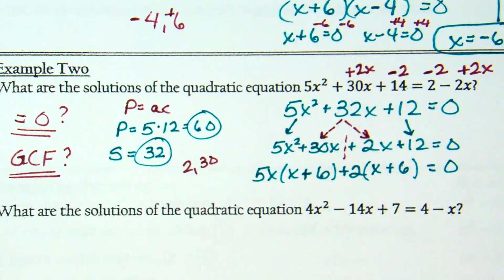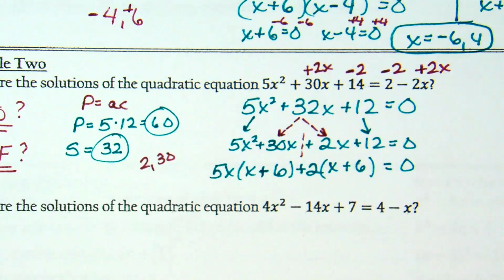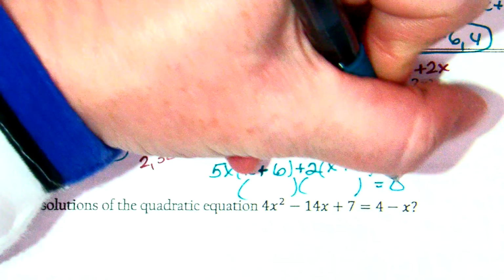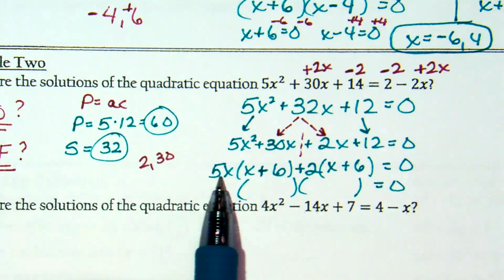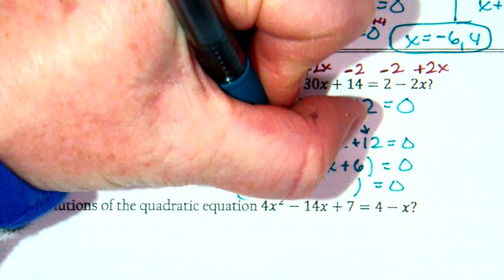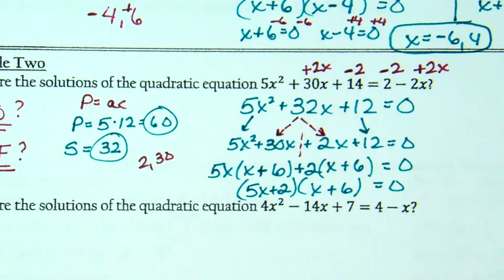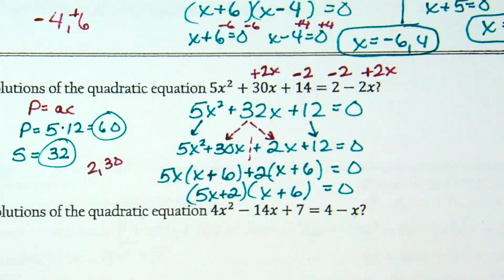If they didn't end up matching, I would not feel as good about this. Remember, your answer for factoring here is still 2 parentheses. What are my two parentheses? The GCFs of 5x plus 2 and my matching parentheses of x plus 6.